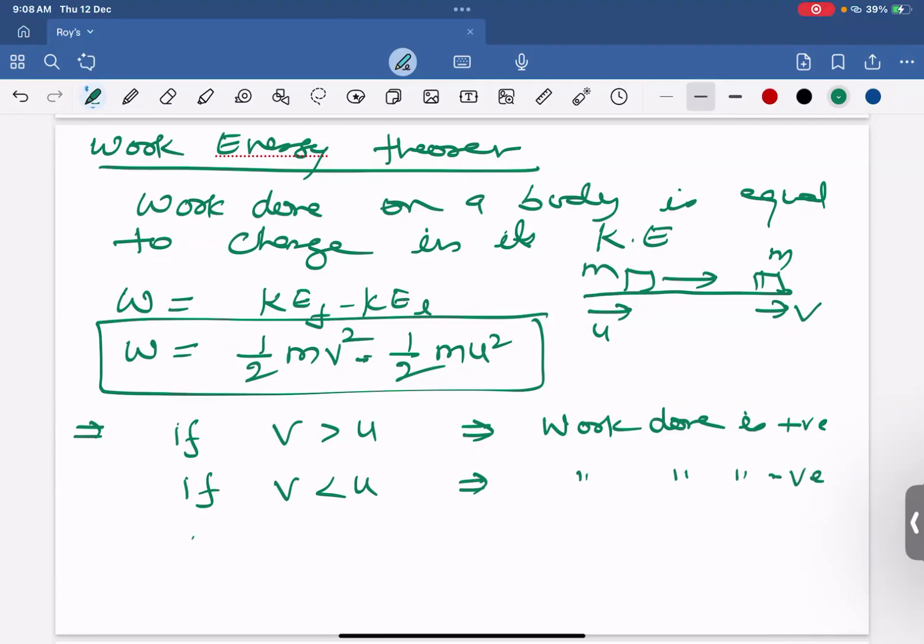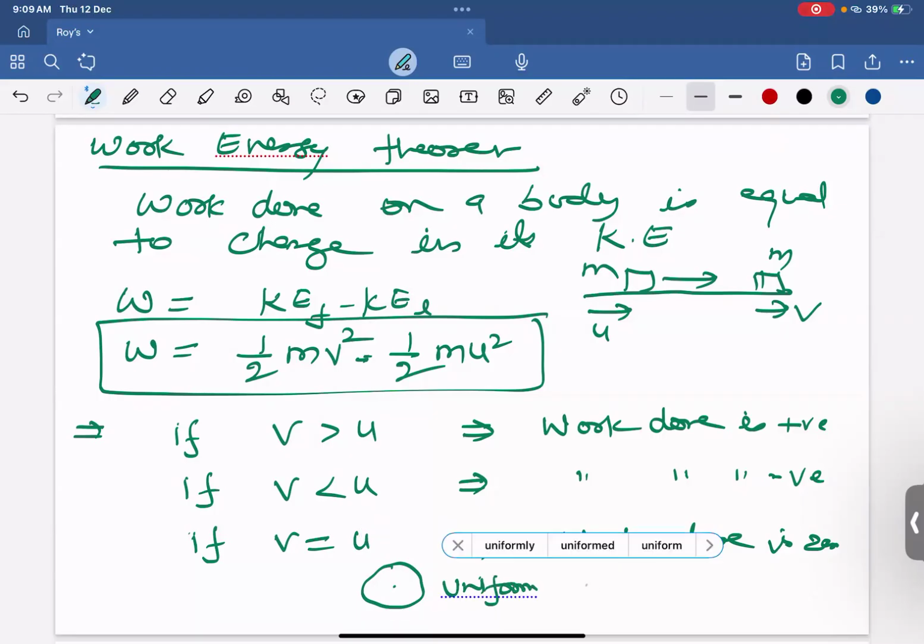Sometimes, despite movement, the final velocity is equal to the initial velocity. In that case we can say that work done is zero. Like if a particle is moving in a circle with constant speed, that we call uniform circular motion.